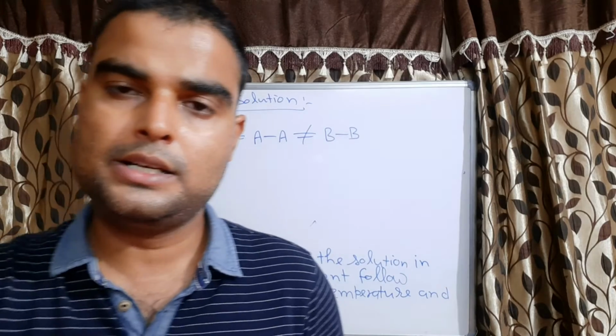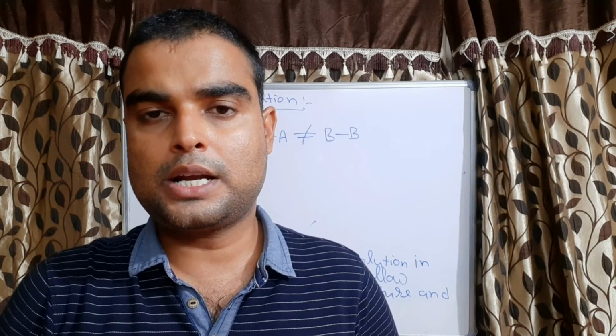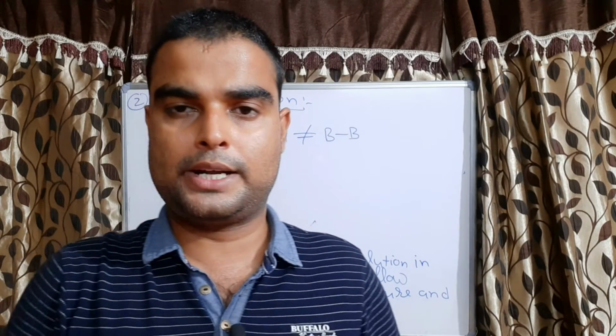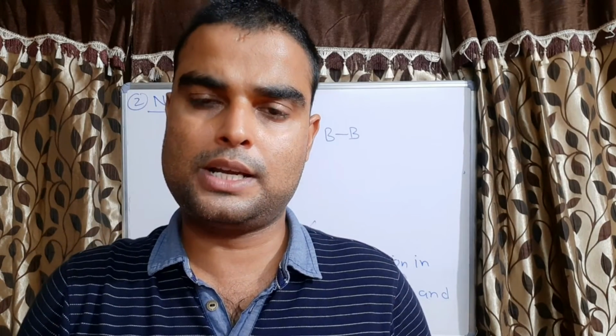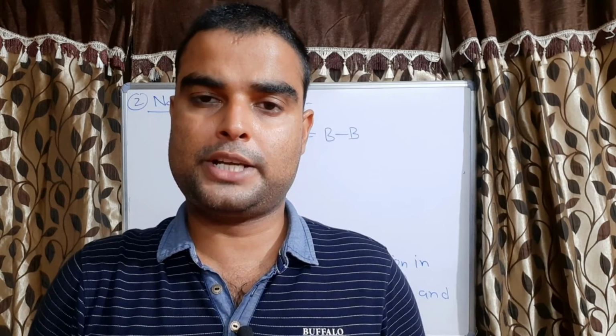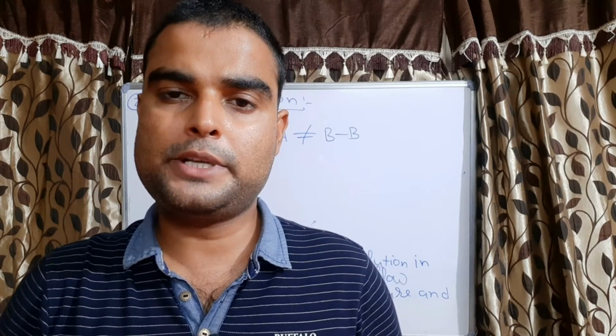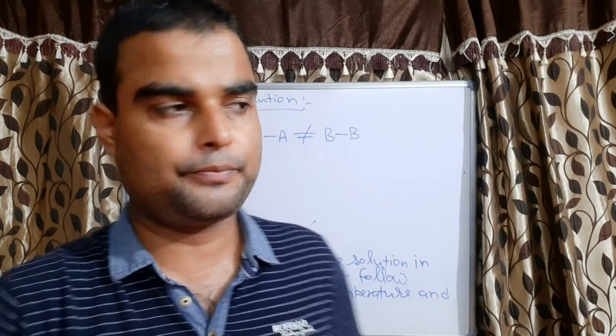Now what is the second definition? According to the second definition, a non-ideal solution of components A and B is the solution in which the volume change on mixing does not equal 0 and the enthalpy change on mixing also does not equal 0.